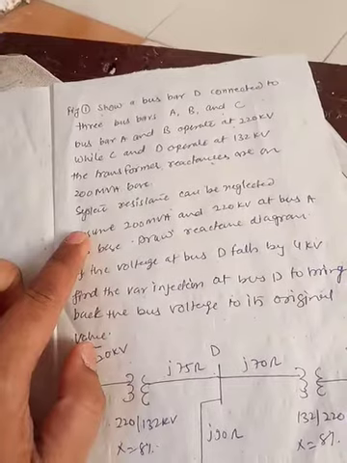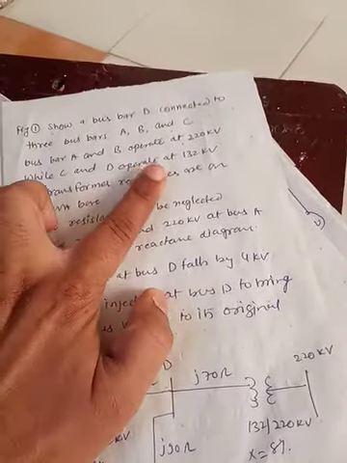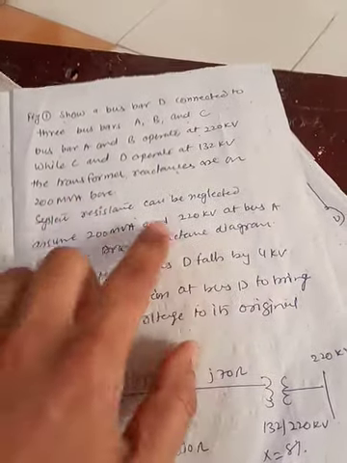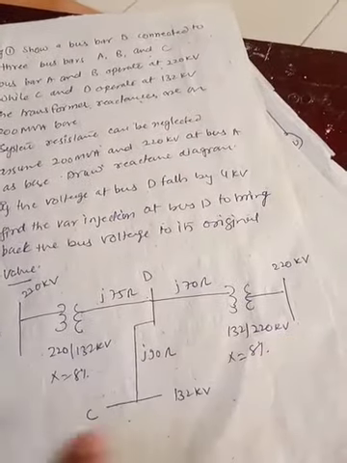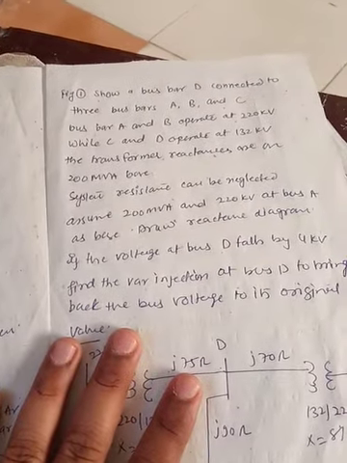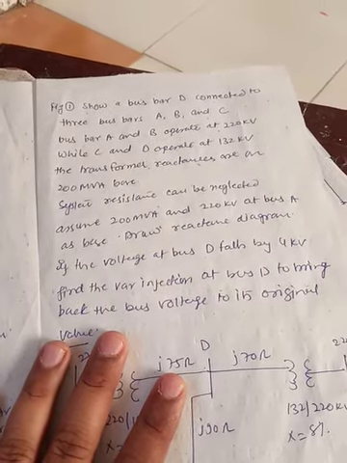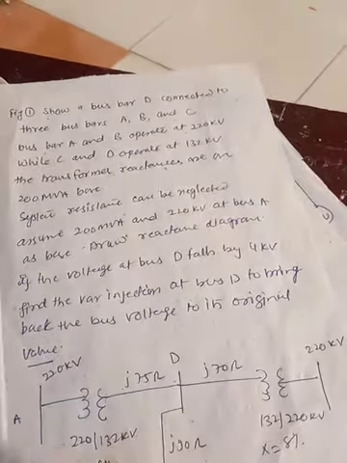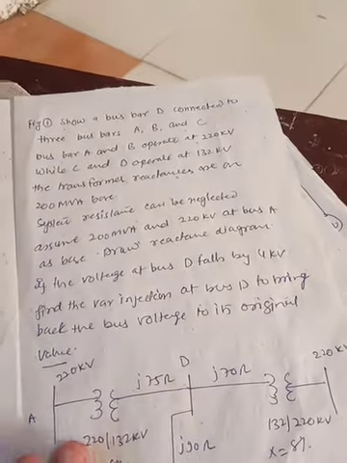Bus bars A and B operate at 220 kV, while C and D operate at 132 kV. The transformer reactances are on a 200 MVA base. The system resistance can be neglected. Assume 200 MVA and 220 kV at bus A as base, and draw the reactance diagram.